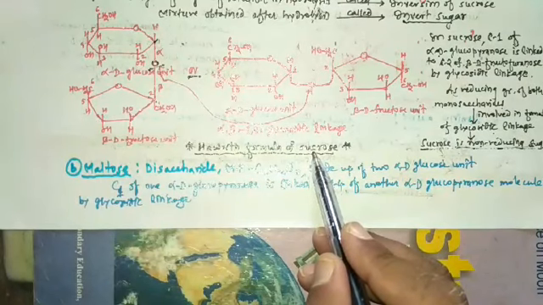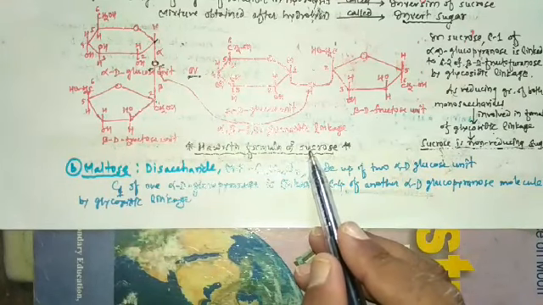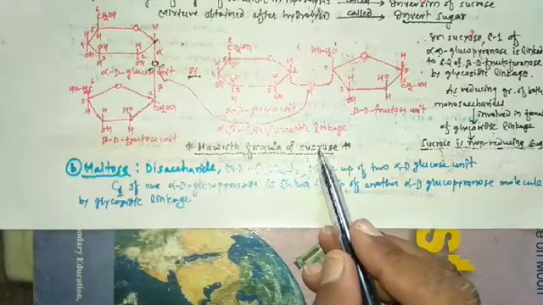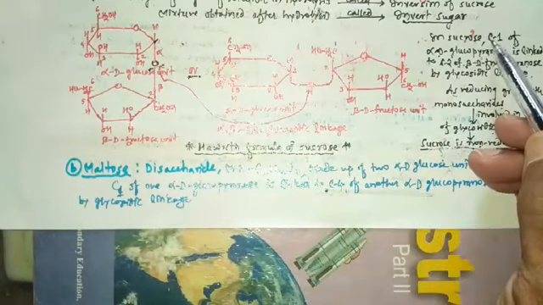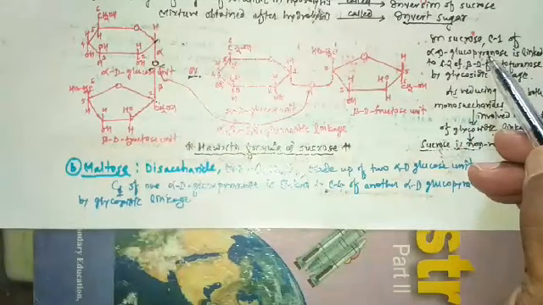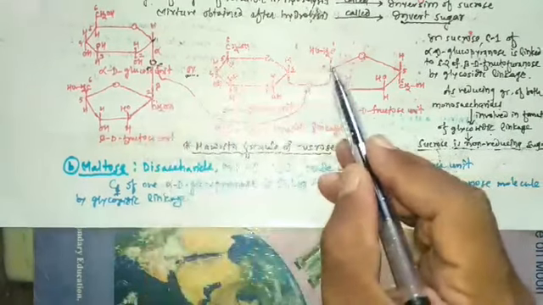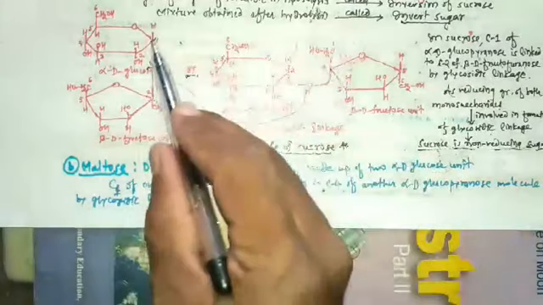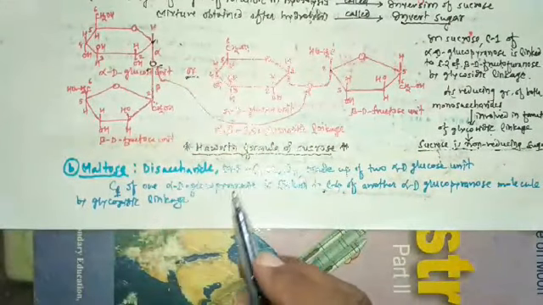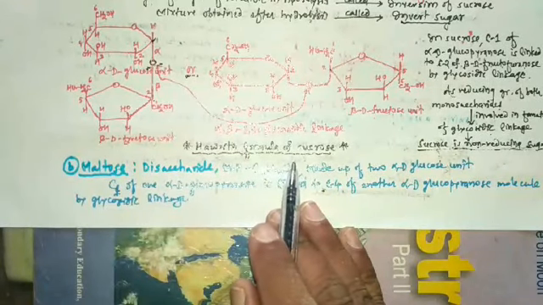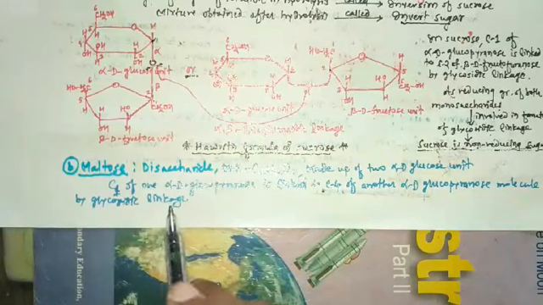So you have to remember that the sucrose molecule is formed when C1 of alpha D glucopyranose is linked to C2 of beta D fructofuranose. 1, 2, here 1, 2. So here we finished the first disaccharide, that is sucrose.